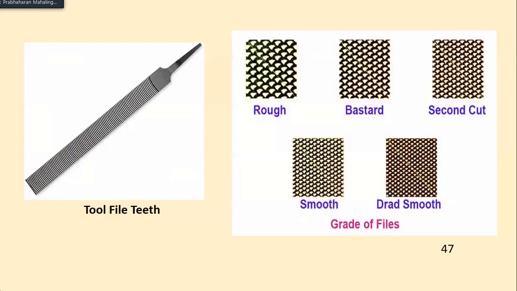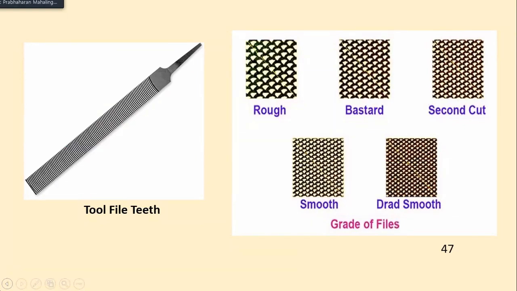Here you have the file teeth: rough type, bastard type, second cut. Second cut means double cut. Then smooth, dead smooth. This is known as single cut.